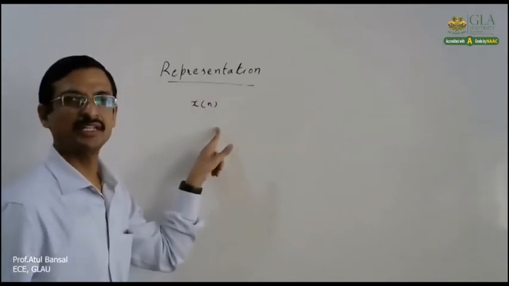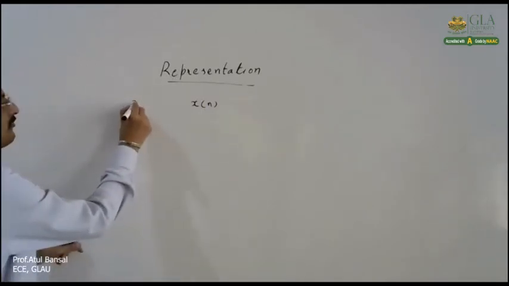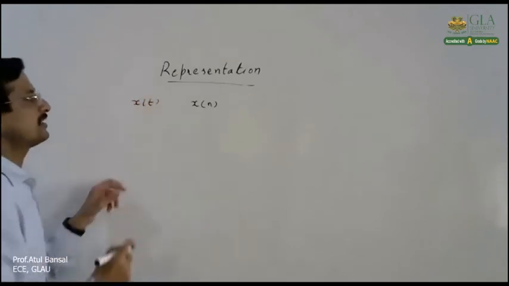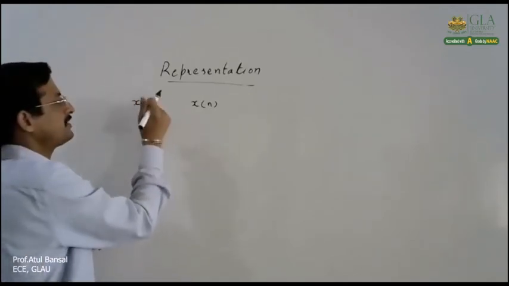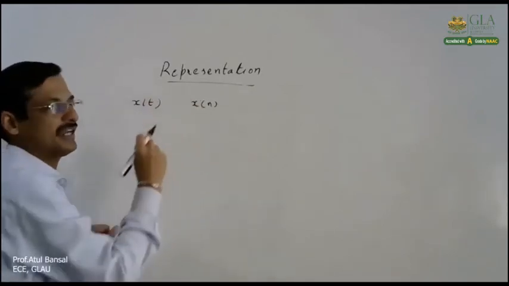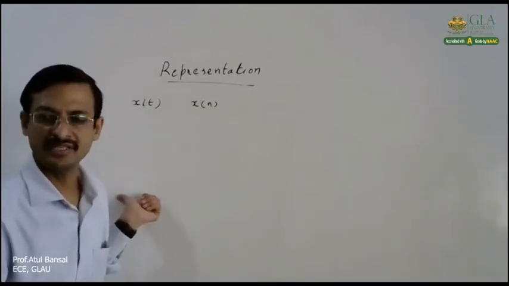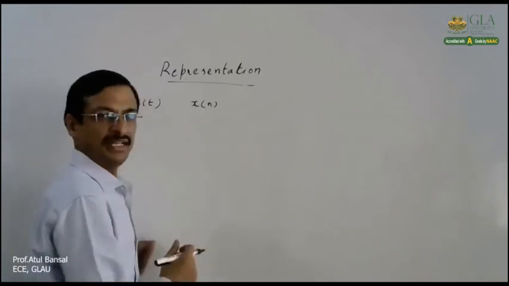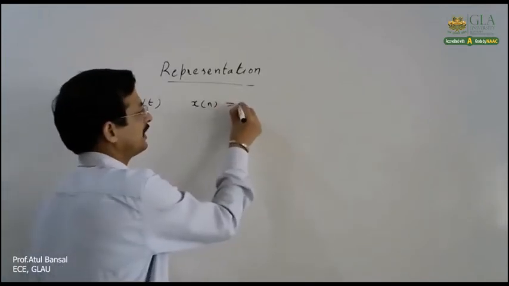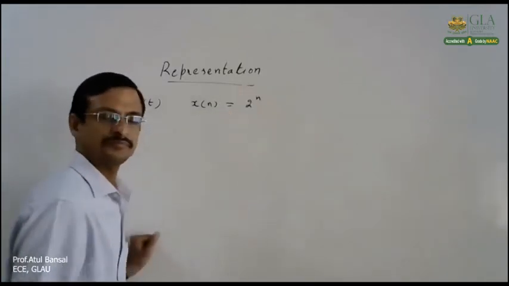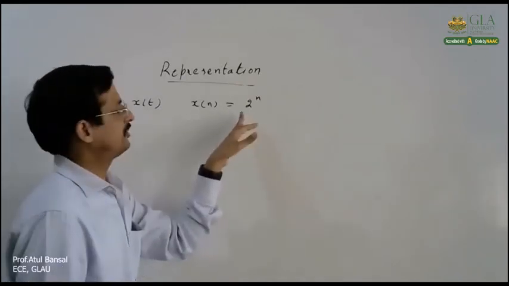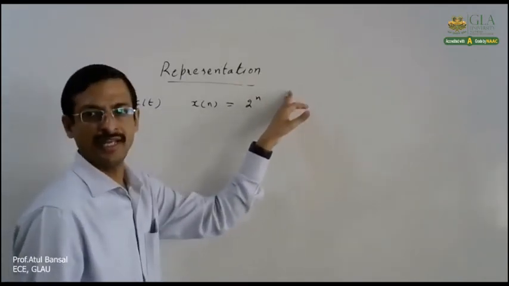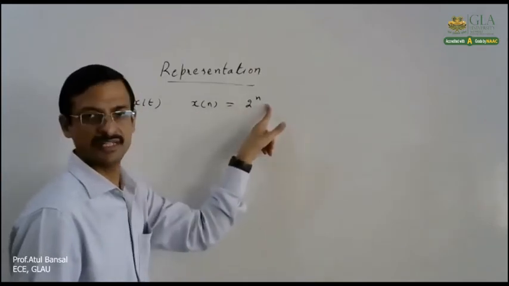So it is representing the discrete signal, and x of t is representing a continuous time signal, where t is the independent variable; here n is representing the discrete time instants. So mathematically, I can write any function like 2 raised to power n. It is a signal defined by 2 raised to power n. So this is a function of n. That is one way.